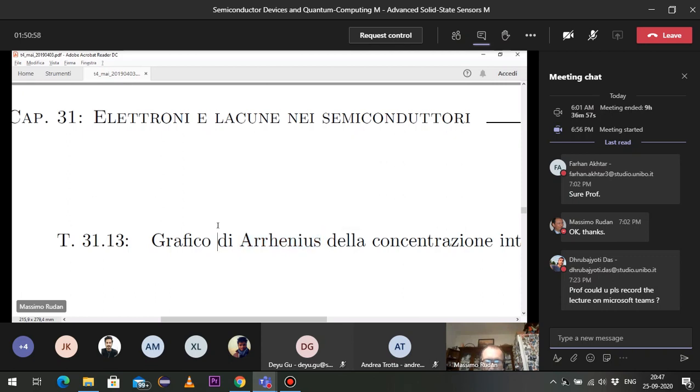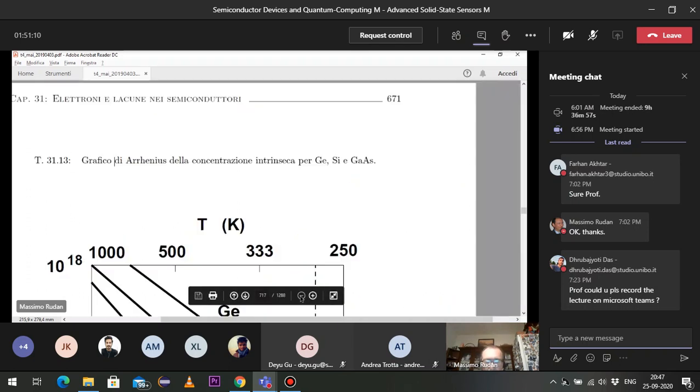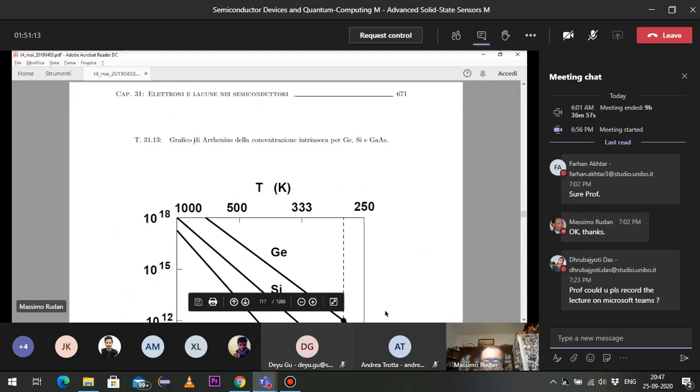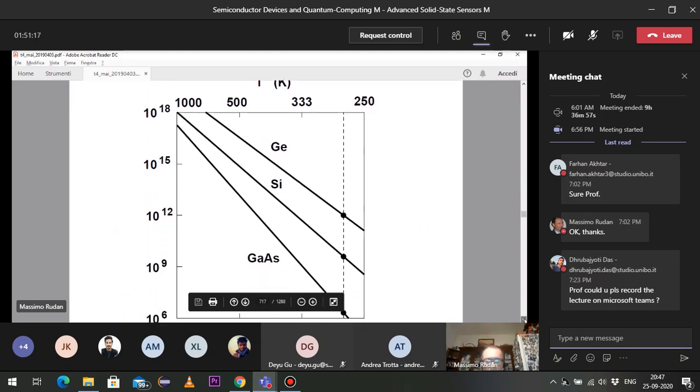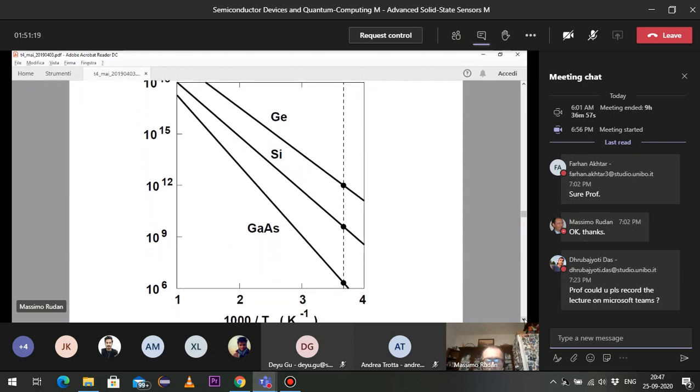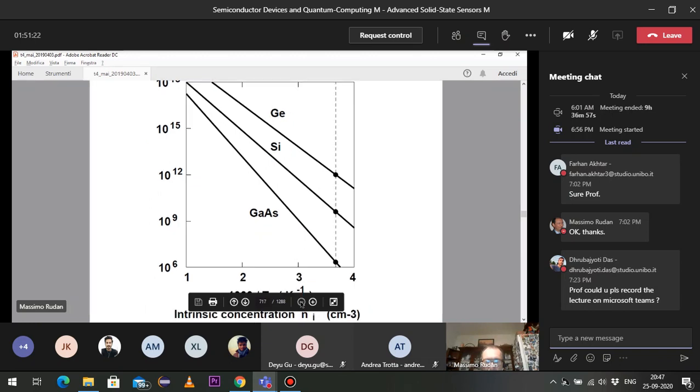It means we are using the log of the function in terms of the inverse variable. And as expected, we obtain a straight line with a negative slope.